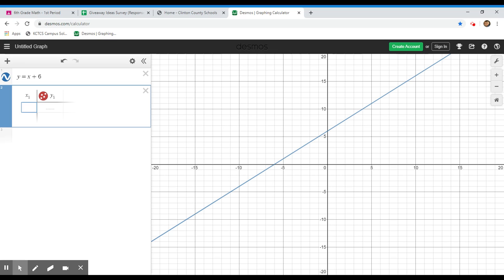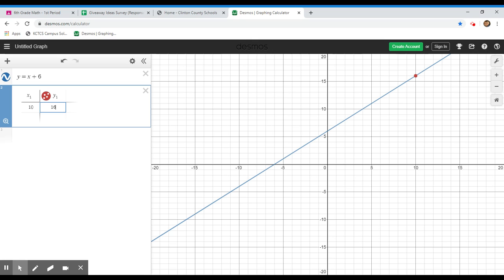So let's say x is 10. If we plug 10 in for x, our y is going to be 16. As you see, our dot is on the line. So that is a possible ordered pair for that equation.